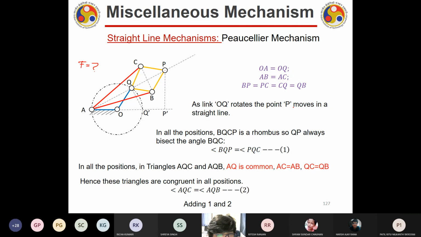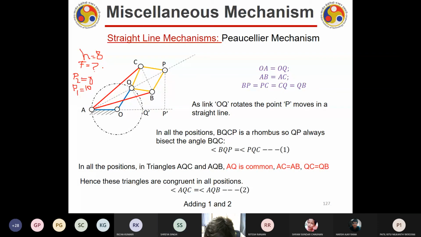Sir, total 8 links. So n is equal to 8. Correct. And how many P2? Sir, 10. P2 or P1? P1. P2 is equal to 0. P1 is equal to 10. Okay, then F, Shreya, how much is it? 1. So right, 21 minus 20.